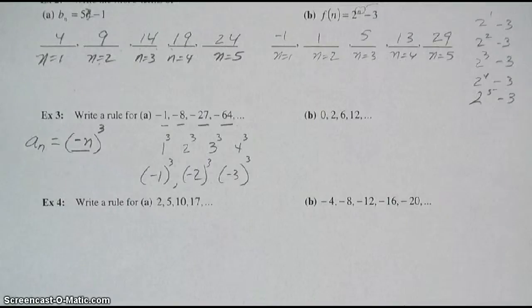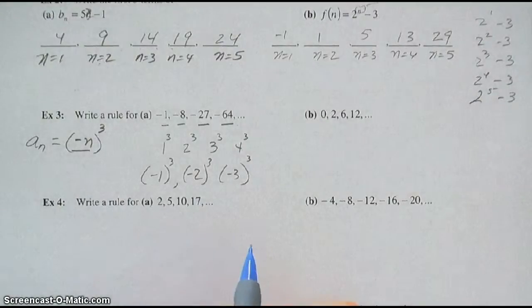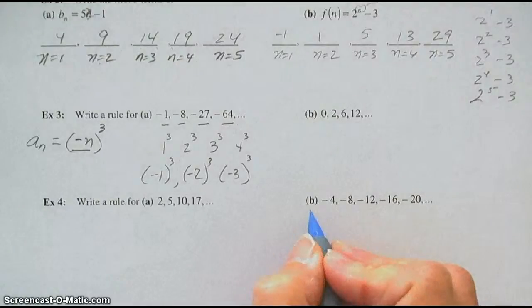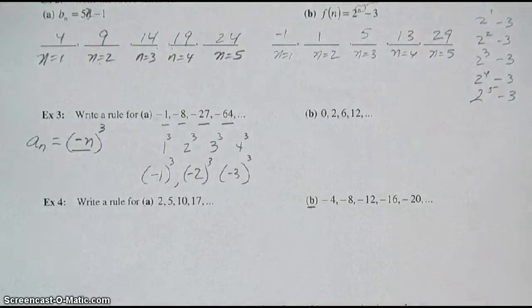So see if you can, in part B and in number 4, see if you can see a pattern, and then I'll try to show you how that pattern might be. And I think actually part B is the easier one.